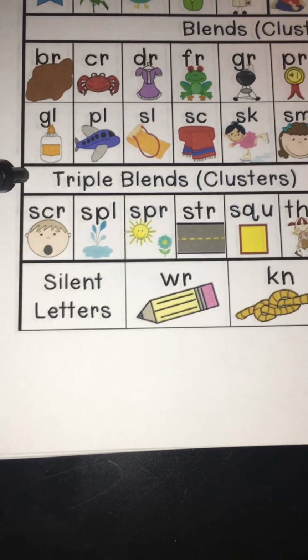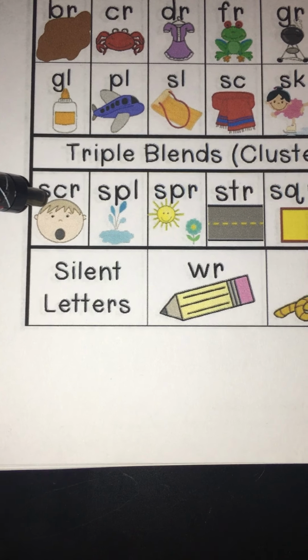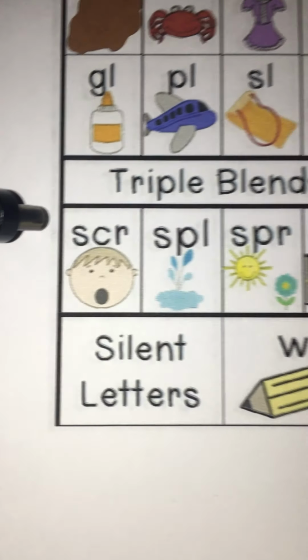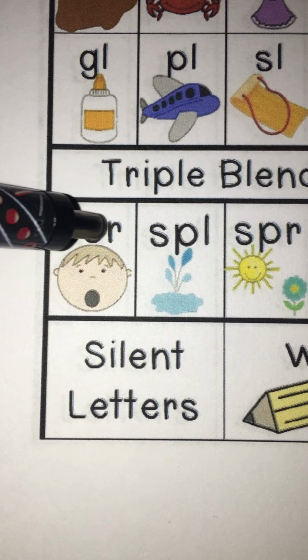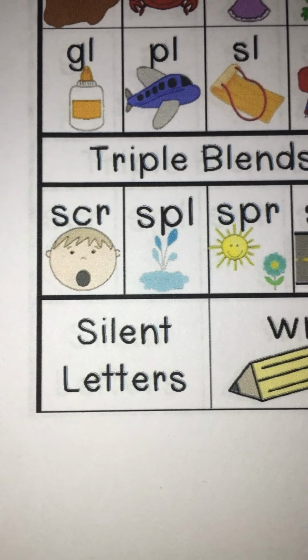Okay, then we have our triple blends. These are three letters put together. They each make their own individual sound, so you can hear each sound. For example, in the word scream, I hear s-k-r. However, when we read it very close together, it almost sounds like it's one sound, but it's not. It's three individual sounds.